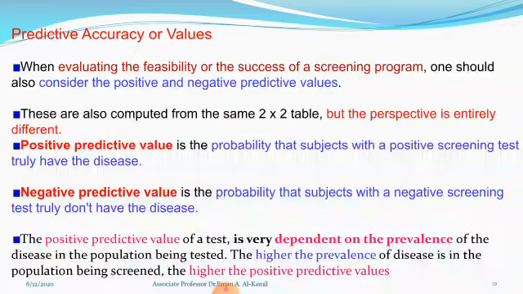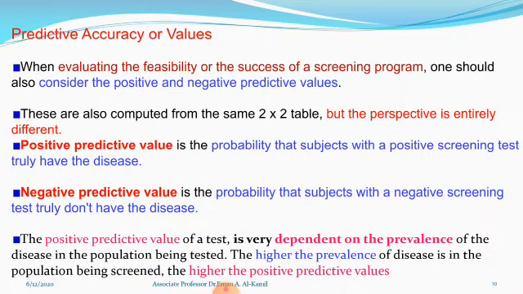When evaluating the feasibility of the success of a screening program, one should also consider the positive and negative predictive values. These are also computed from the 2x2 table, but the perspective is entirely different.